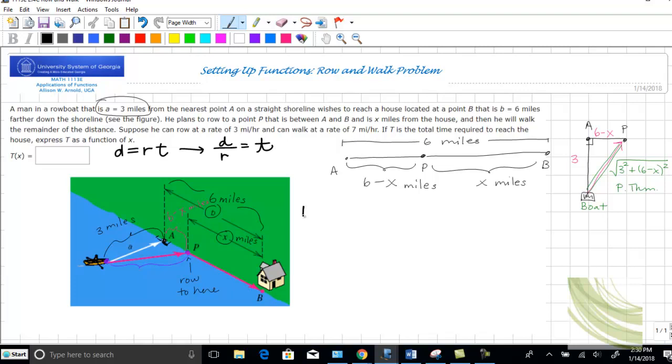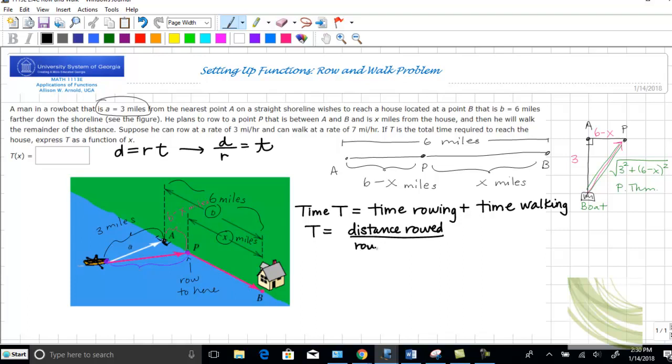Okay, so my time, capital T, would be the time he spends rowing plus the time he spends walking, which would then be the distance rowed divided by his rowing speed, plus the distance walked divided by his walking rate or speed.